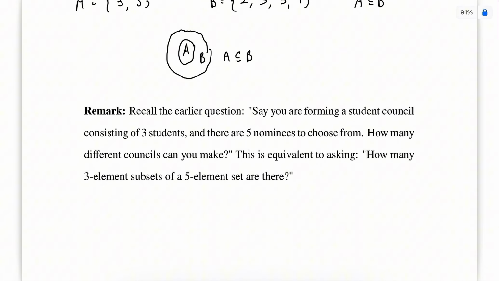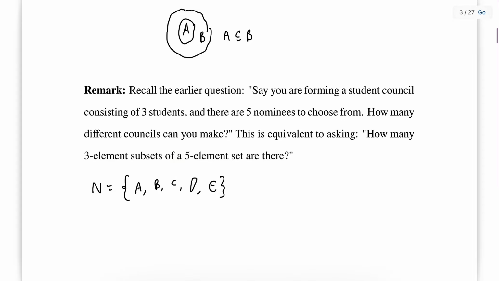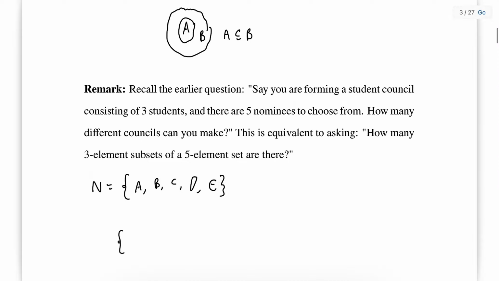So if you recall, we had our 5 nominees, which we labeled A, B, C, D, and E. So the set here, for example, we can just call it maybe N for nominees. So we have A, B, C, D, E. And we want to find subsets which are 3 elements large. And these 3-element subsets, for example, just as an example, we have the subset BCE.